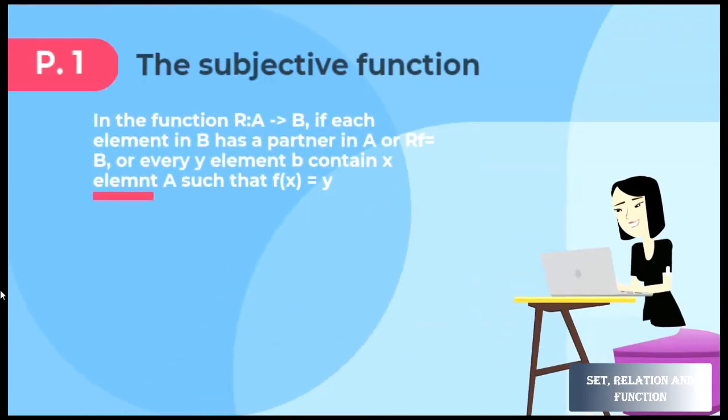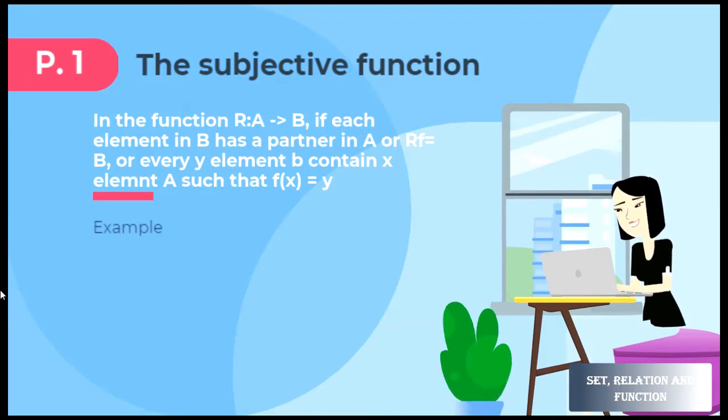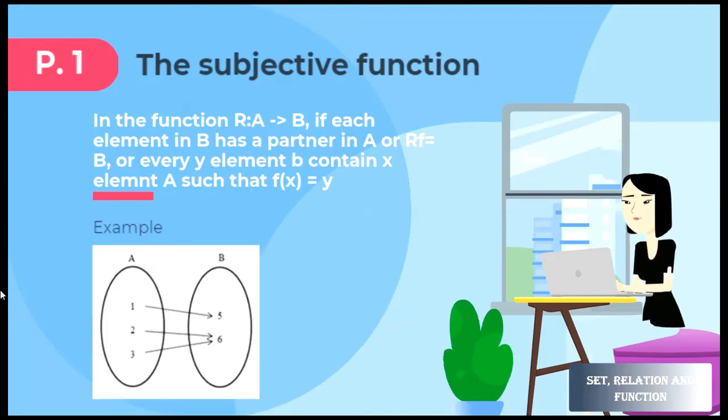The surjective function: in a function f from A to B, if every element in B has a partner in A, or for every y element of B, there is an x element of A such that f(x) equal to y.